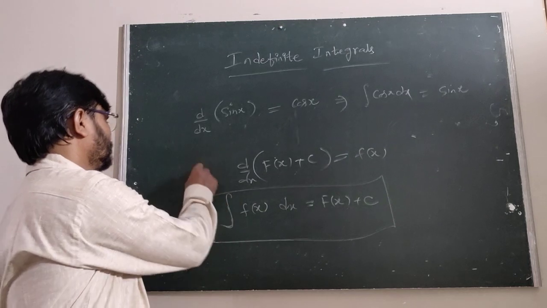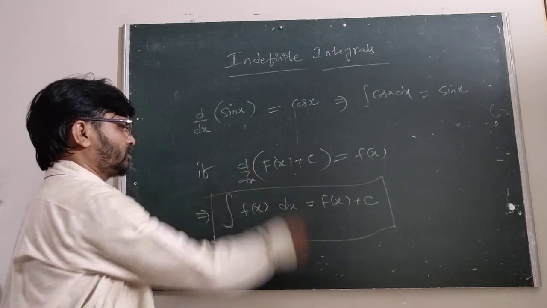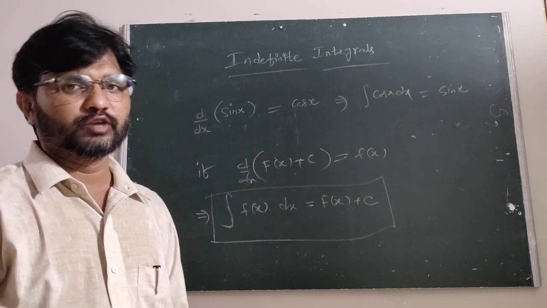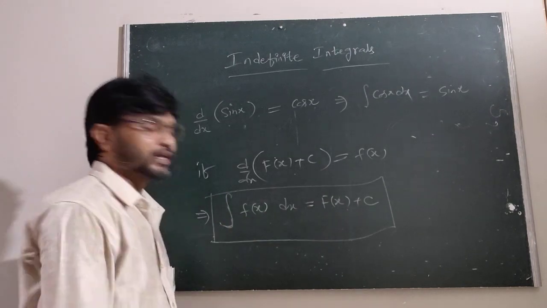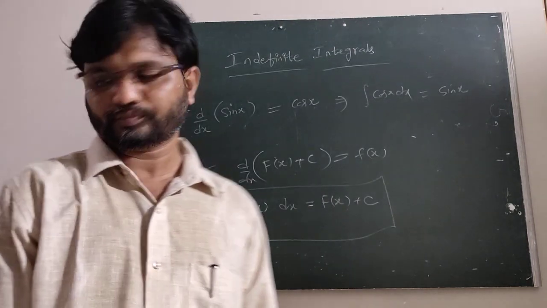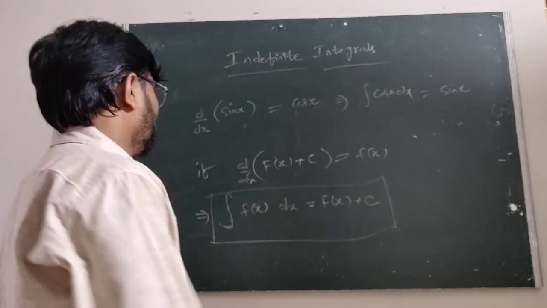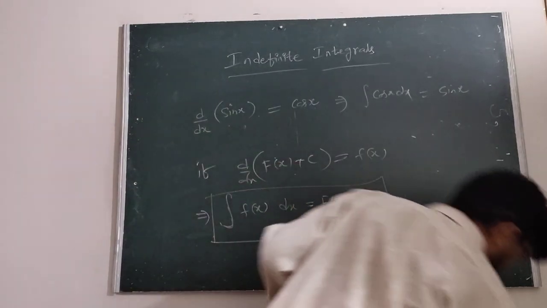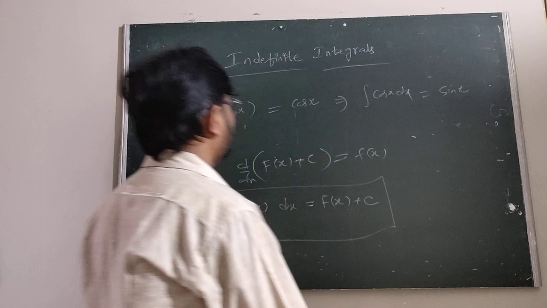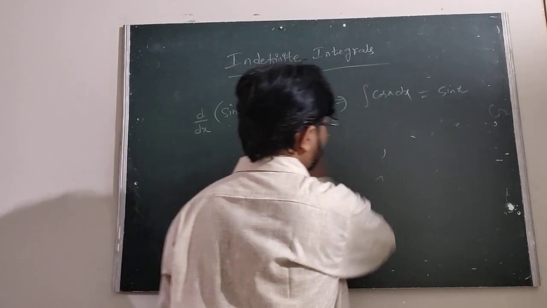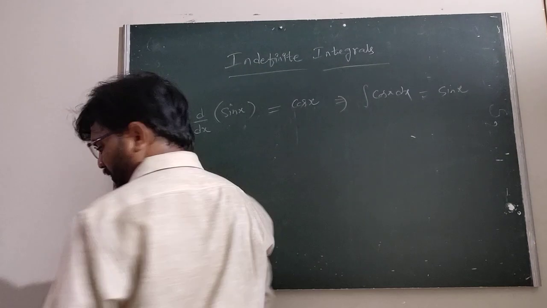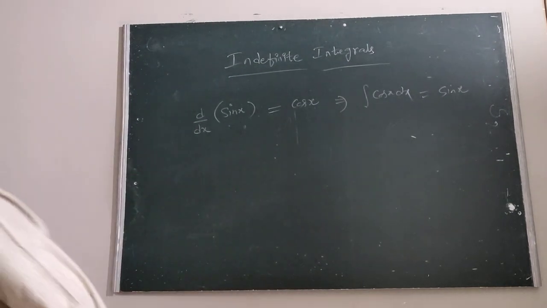Therefore, if d by dx of f of x plus c equals f of x, then the integral of f of x dx is f of x plus c. Here f is a continuous and differentiable function. Now we are going to discuss the integral of the trigonometric functions.